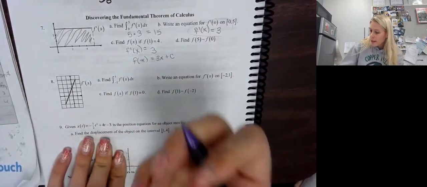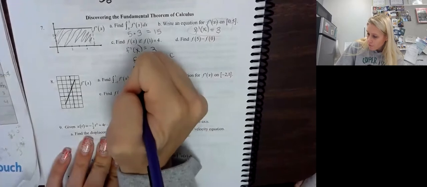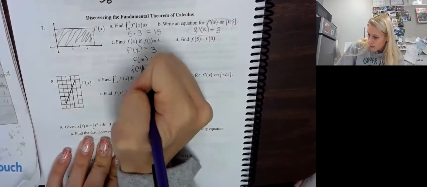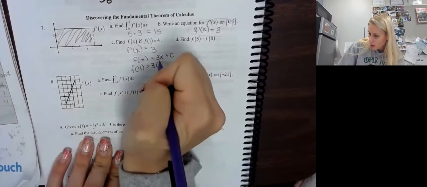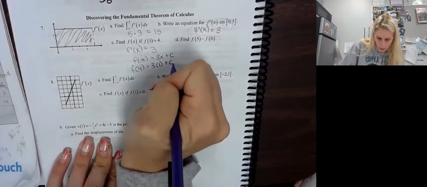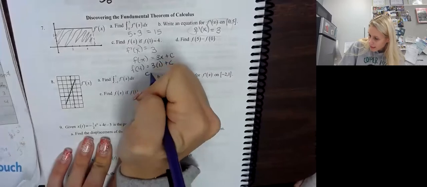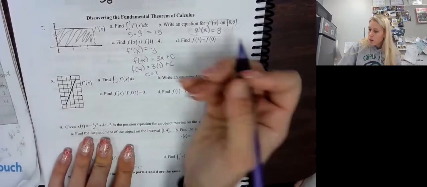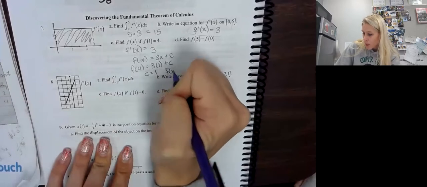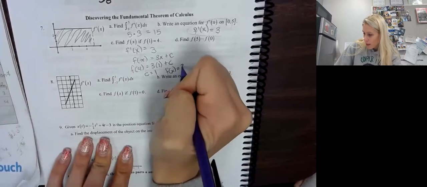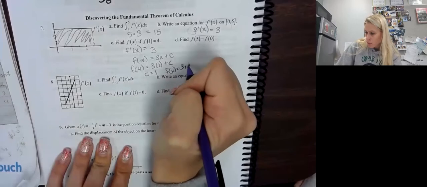Now we're going to plug in. So f of 4 equals 3 times 1 plus c. So c equals 1, which means f of x, our original function, would be 3x plus 1.